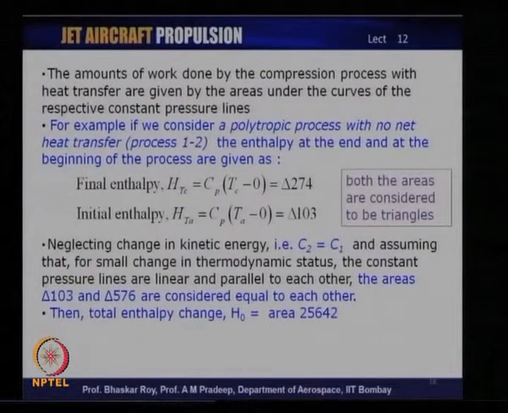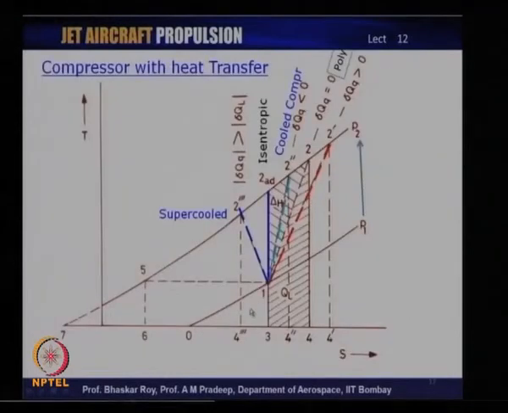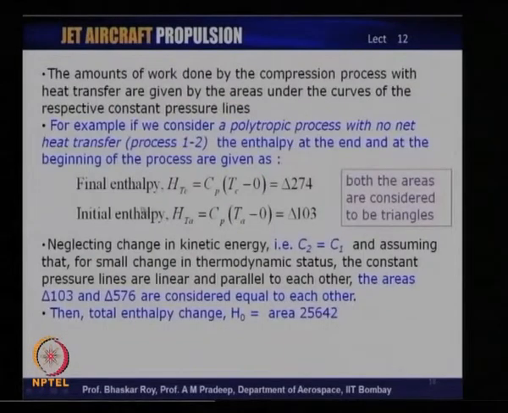We can summarize all this by saying that, as we have said, those diagrams are linear diagrams, and hence the final enthalpy can be written in terms of the triangle 2, 7, 4, which is shown here. We are approximating it as a triangle, and that is the final enthalpy.